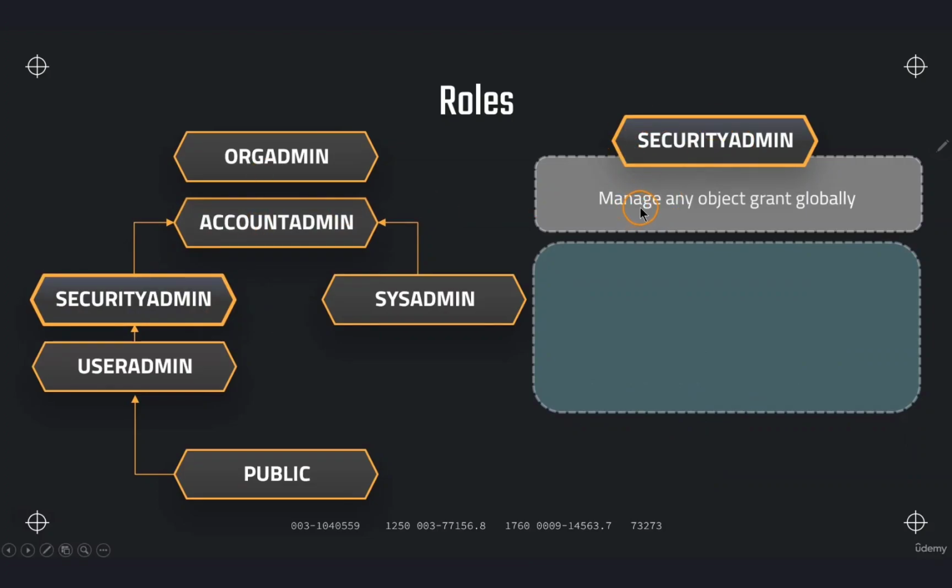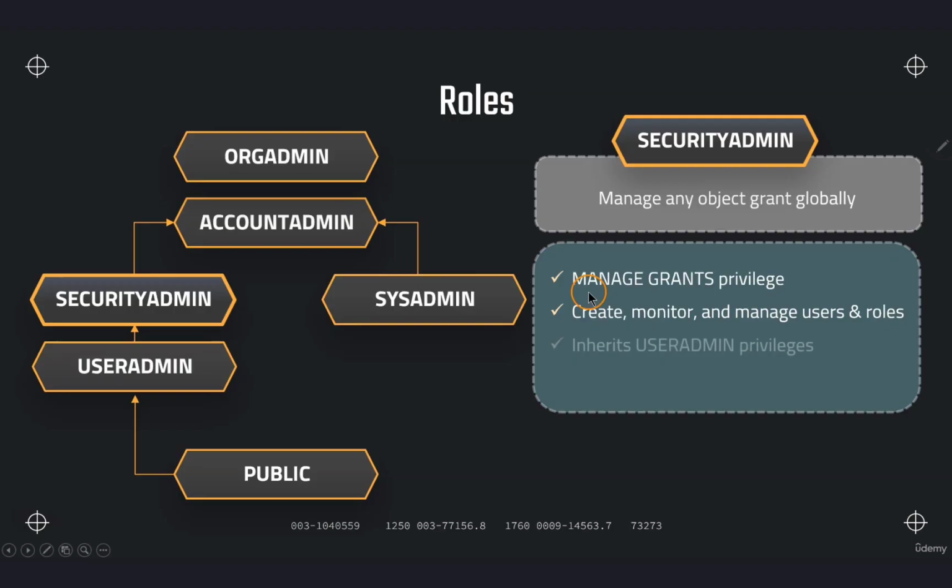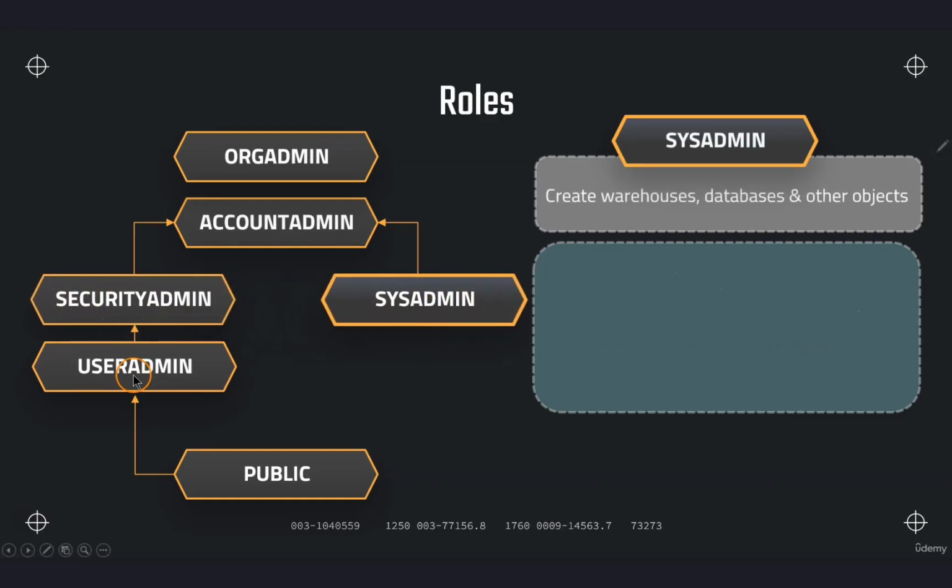So security admin is managing the grants globally. This means that we can manage the grants of the privileges. So we can create and monitor the users and the roles. So here, of course, the user admin is able to create the users, and the security admin is able to manage the security part of that. So here also all of the user admin privileges will therefore, of course, be inherited.